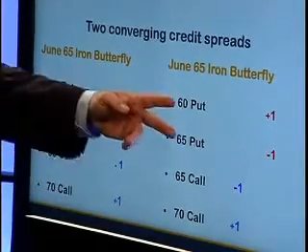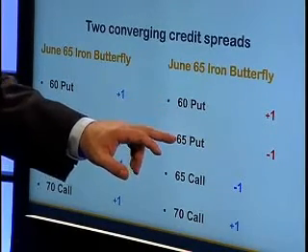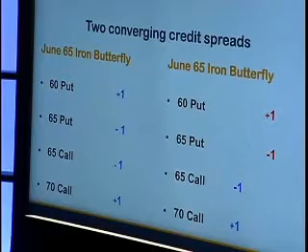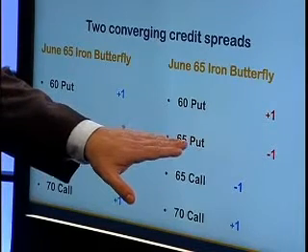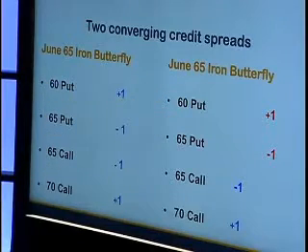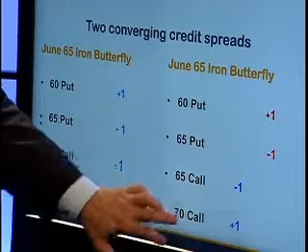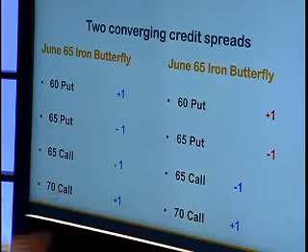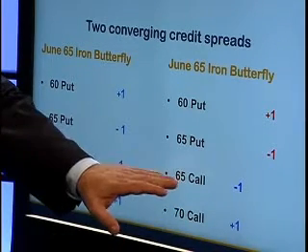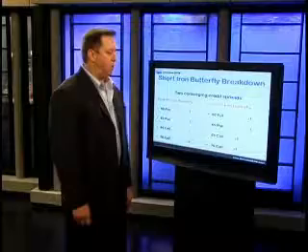We've got a short June 60-65 put spread, and we can see that by being short the June 65 puts and long the June 60 puts. And we've got a short June 65-70 call spread. Short the June 65 call, long the June 70 call.